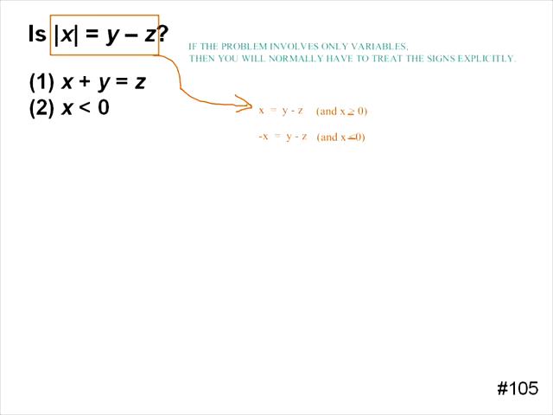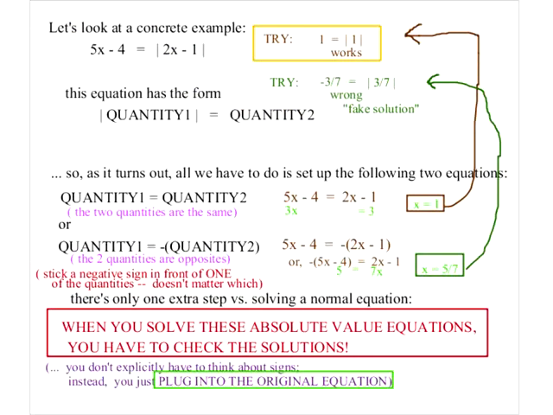Everybody follow this? This is a little bit more complicated. Only in the case of variables do you have to do this. But what I want you to notice is that this is literally the entire problem. It's not like something that would be one statement on a data sufficiency problem, or something you would have to solve quickly as one step of a much larger picture.